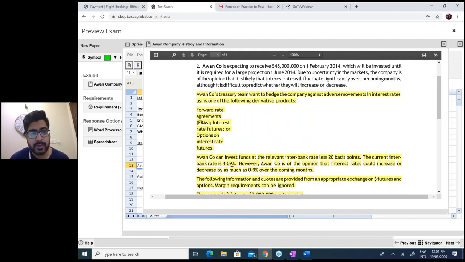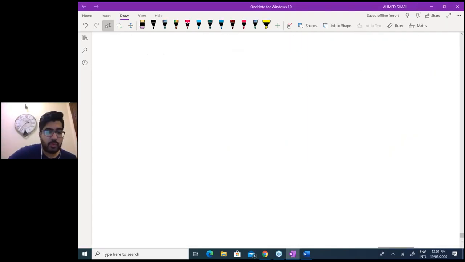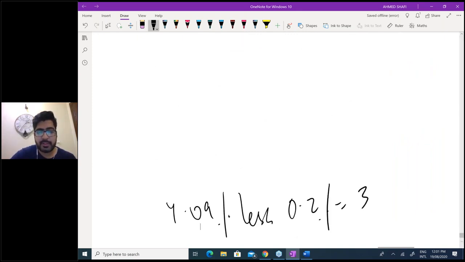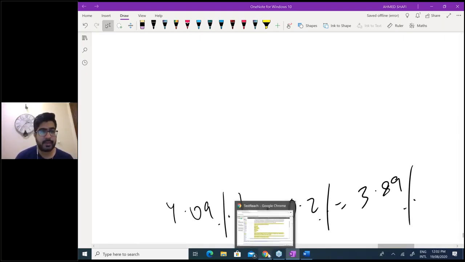The current interbank rate is 4.09%. So we can invest funds at the interbank rate 4.09% less 20 basis points, 0.2%, which is 3.89%. You can invest funds at 3.89%. Okay, pay attention.